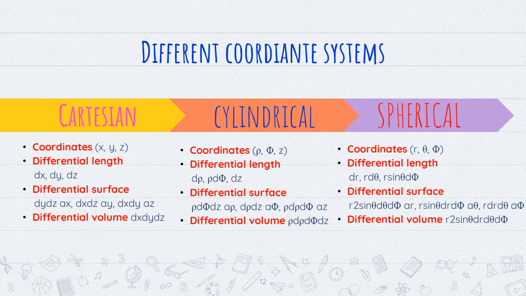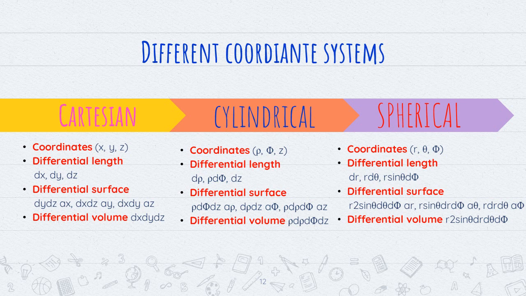The different sides are dx, dy, and dz. Therefore differential length is dl is equal to dx into ax vector, dy into ay vector, dz into az vector. Differential surface has three formulas in terms of ax, ay and az, and there is also differential volume. That is about the Cartesian.